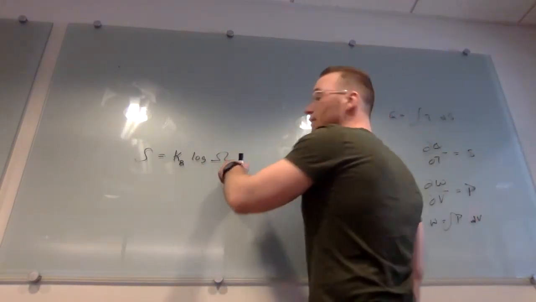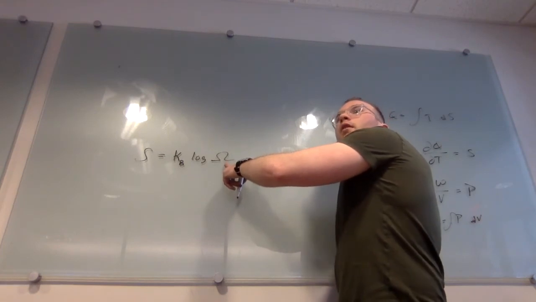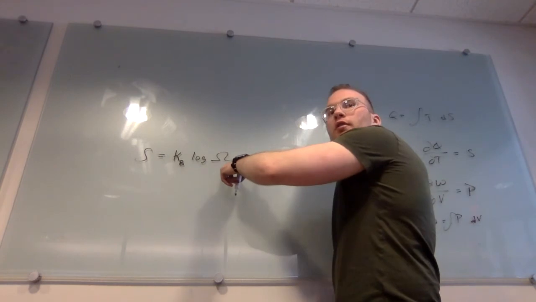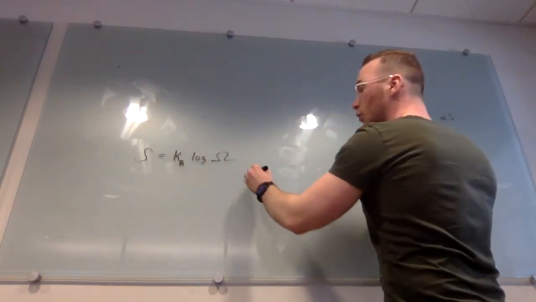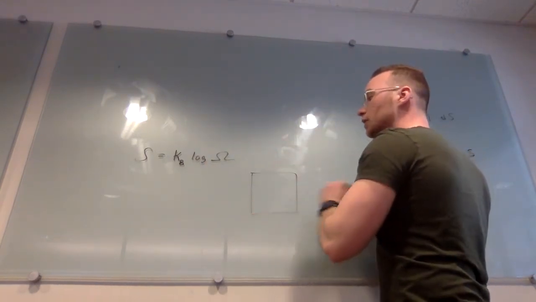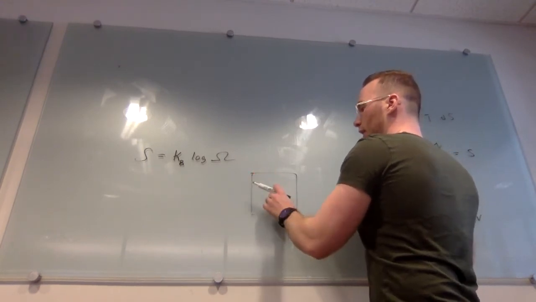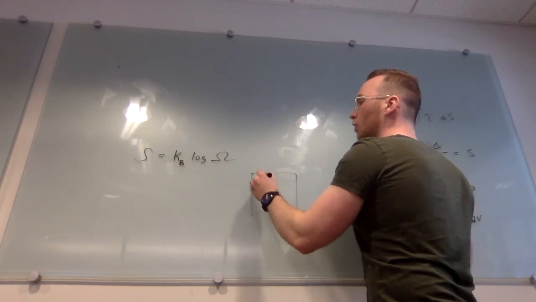Anyway, this omega is called the number of microstates. That's why we're in the microcanonical ensemble. So remember how he was saying you have a box of gas and all the gas is in the corner of the room?